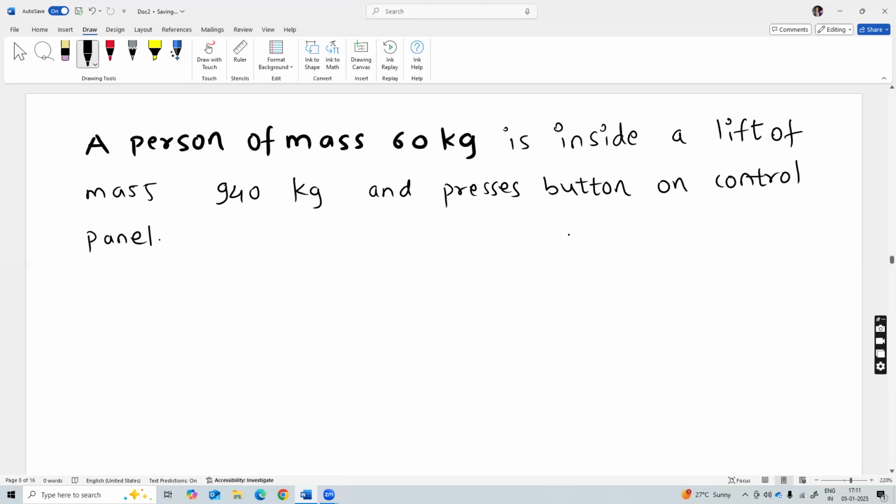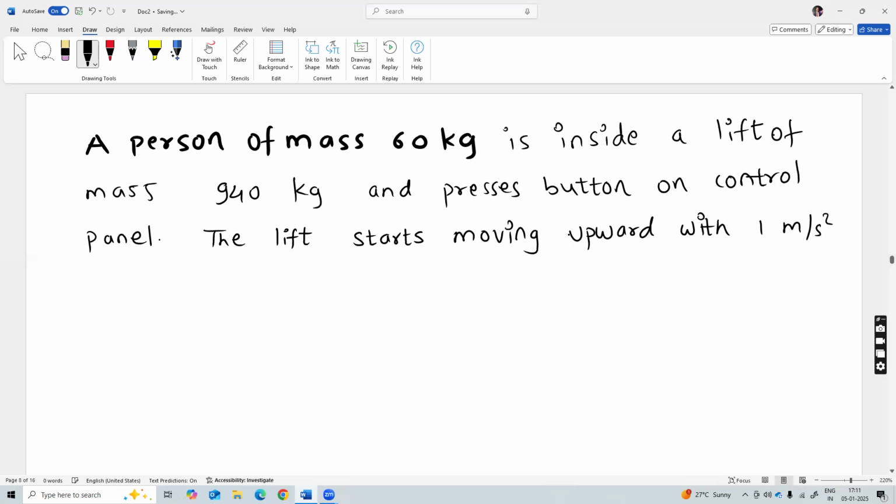The lift starts moving upward with an acceleration of 1 meter per second square. From the unit you can identify this is acceleration.